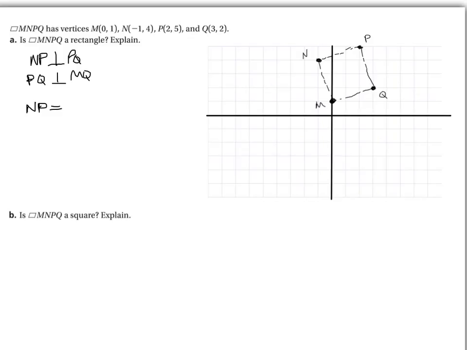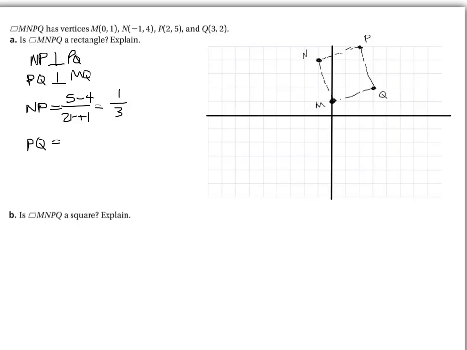So, for NP, I'm going to take 5 minus 4 divided by 2 minus -1, which is going to be 1, and this becomes positive over 3. So, PQ. In order for it to be perpendicular, remember, it has to be opposite reciprocal slopes.